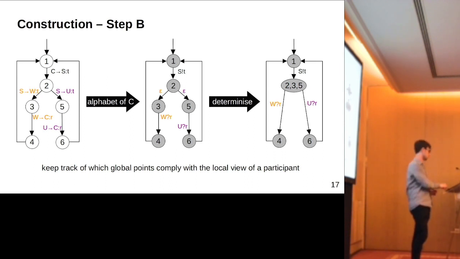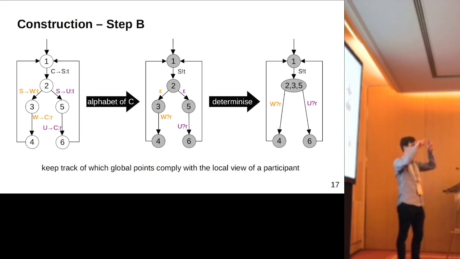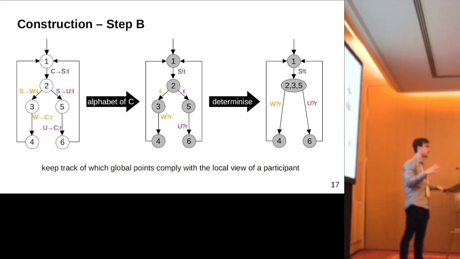If you think about local types, they always have this tree-like structure. But we have ongoing work that shows that this is not actually a restriction. So you can turn these things into local type syntax.